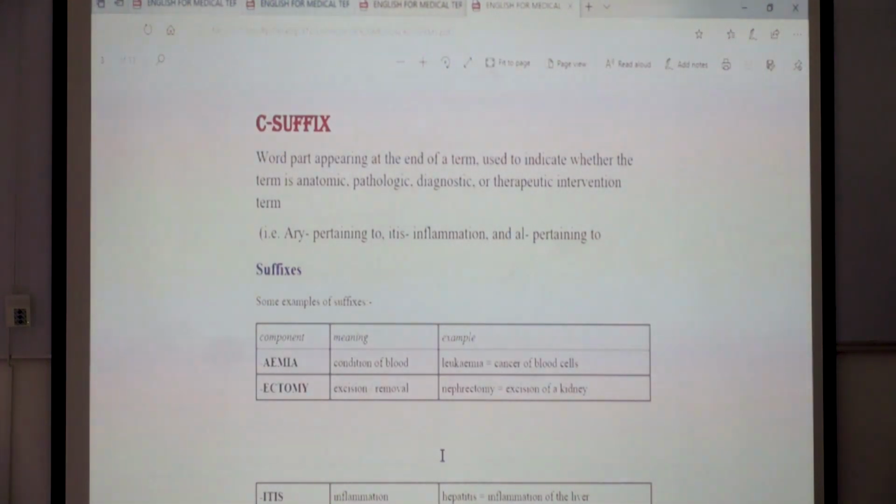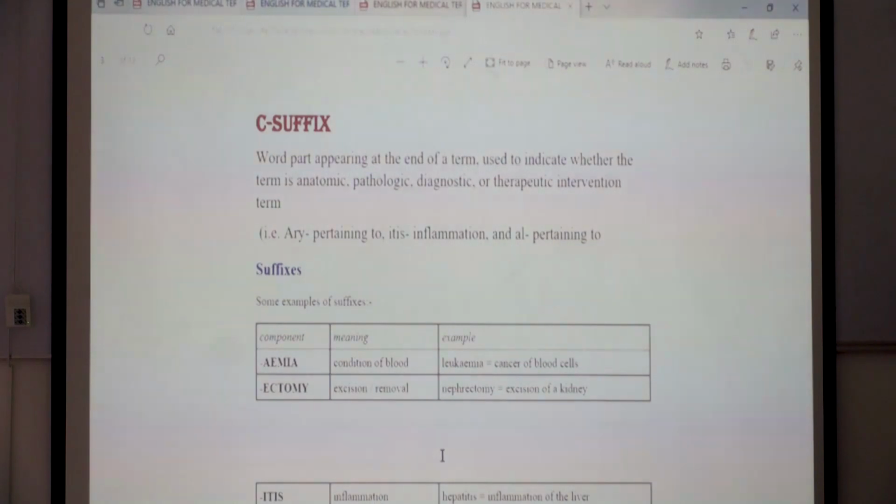So that means, for example, emia, leukemia. Ectomy mean removing, cutting, like appendicectomy, colonectomy, gastrectomy, oesophagectomy, you see, odontectomy, all that mean removed.